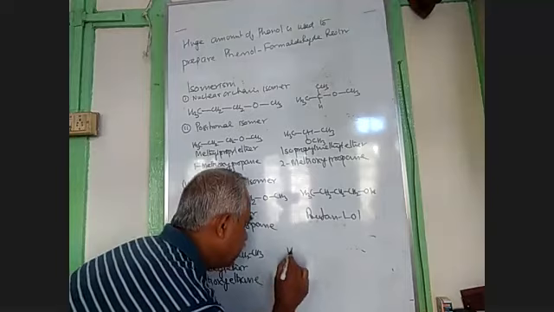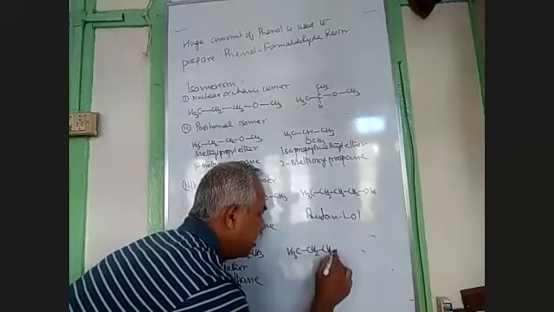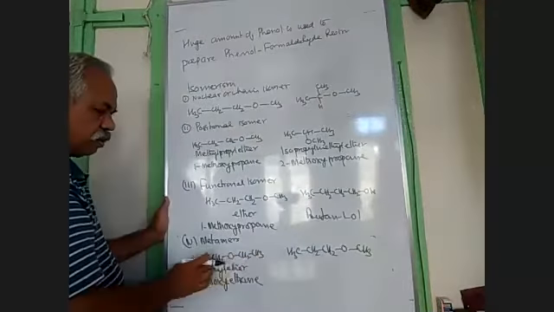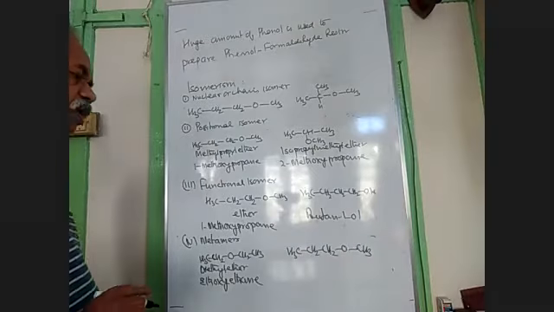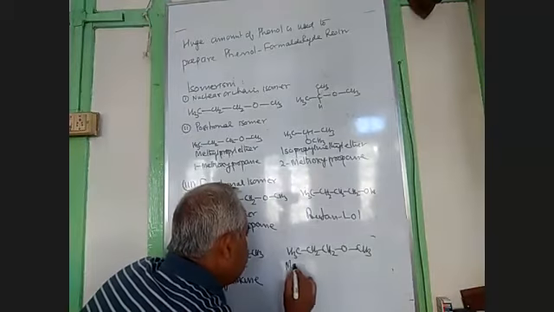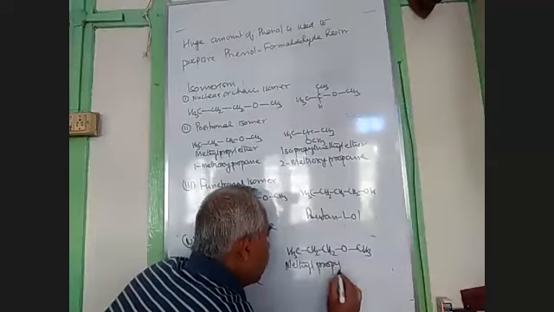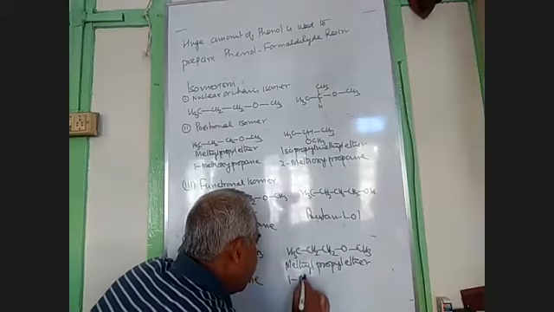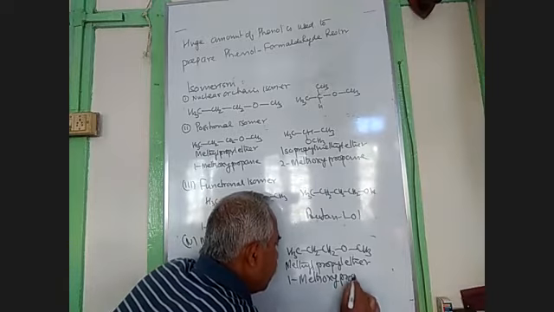Metamers have different types of carbon chains on both sides of the functional group. This is the functional group. Here you have 2 and 2. Here you have 1 and 3. So this is called methyl propyl ether, and the IUPAC name is 1-methoxypropane.